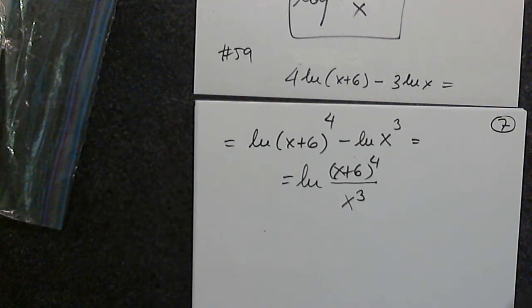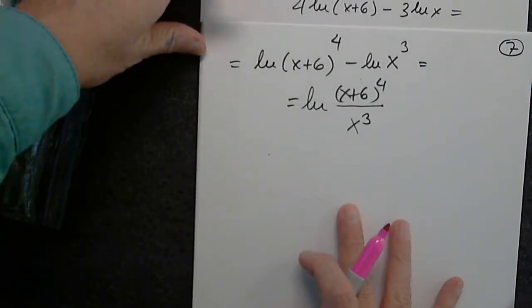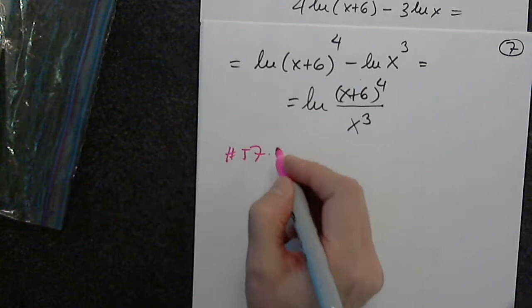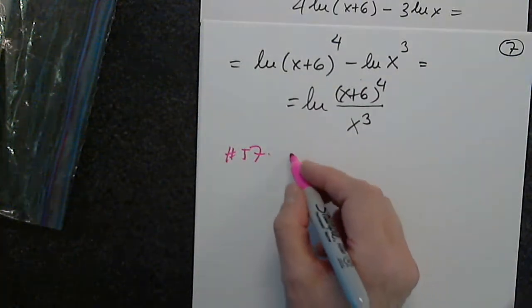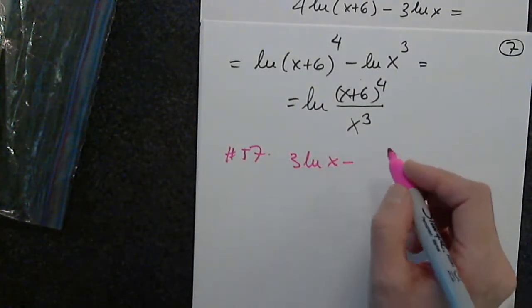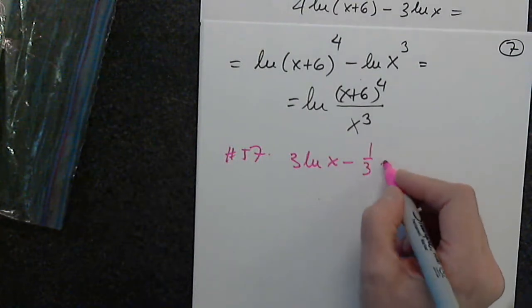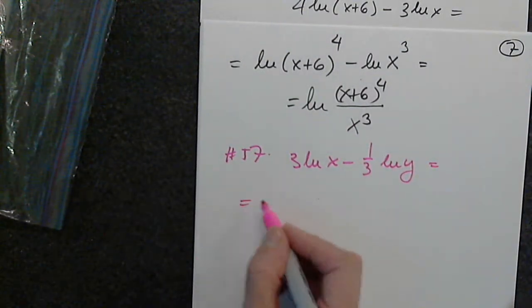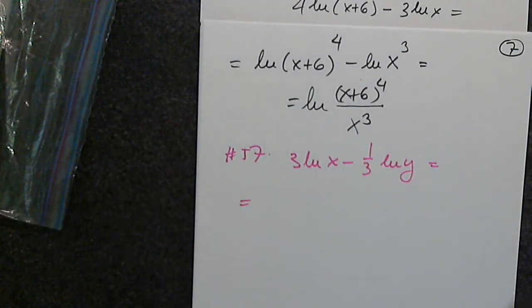Questions? I said 57 because I started to copy it, so 57 was 3 natural log x minus 1/3 natural log y. We can condense before we get rid of those numbers in front. And tell me how to get rid of those.